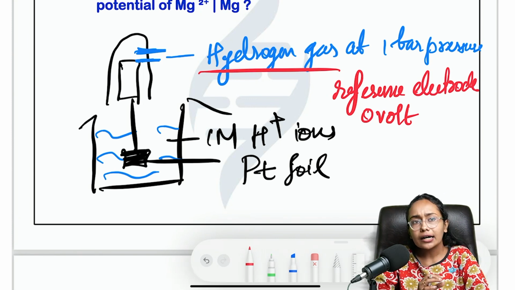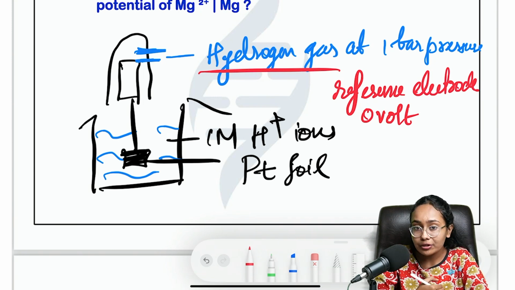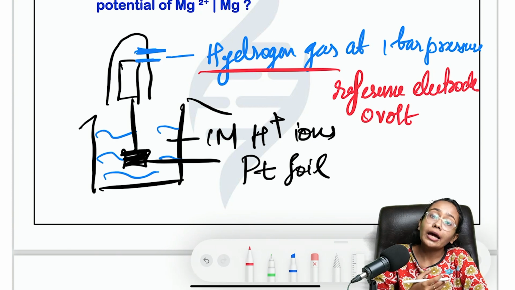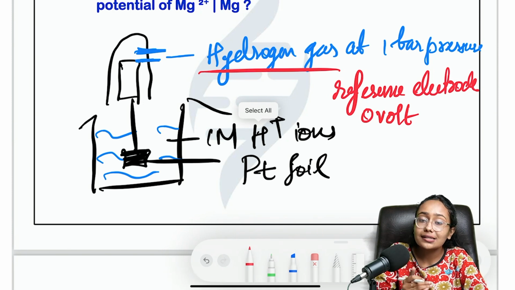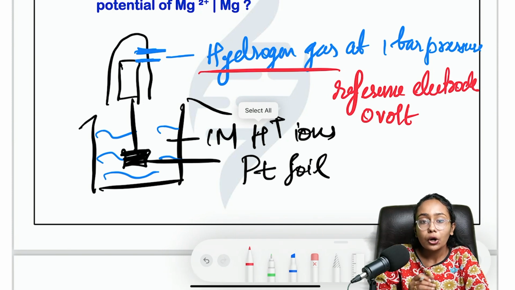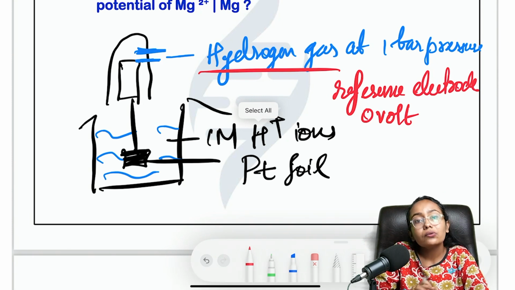So whenever an electrode of unknown potential is coupled with the standard hydrogen electrode, a potential value will be displayed in the setup, and that value will be that of the unknown system, because the standard hydrogen electrode is 0 volt. An arbitrary value of 0 volt is assigned to it, and we get the potential of the system whose potential is unknown.